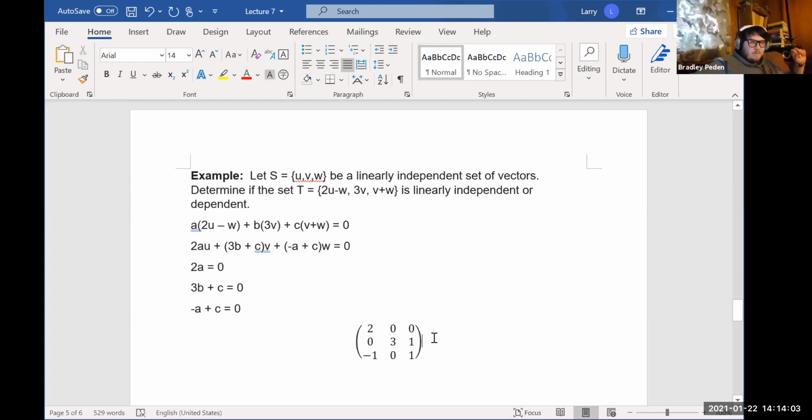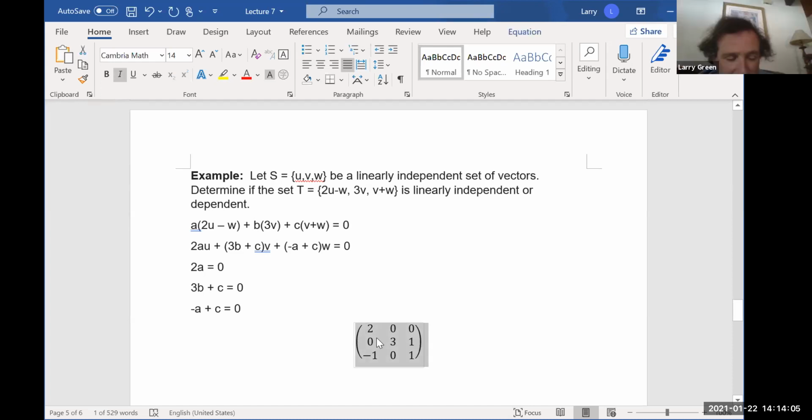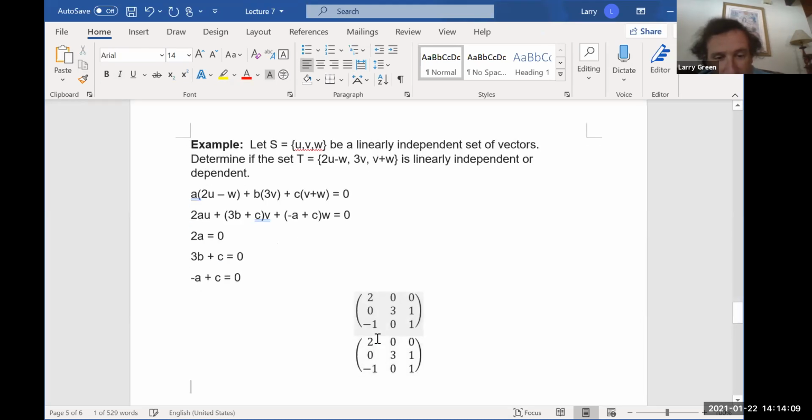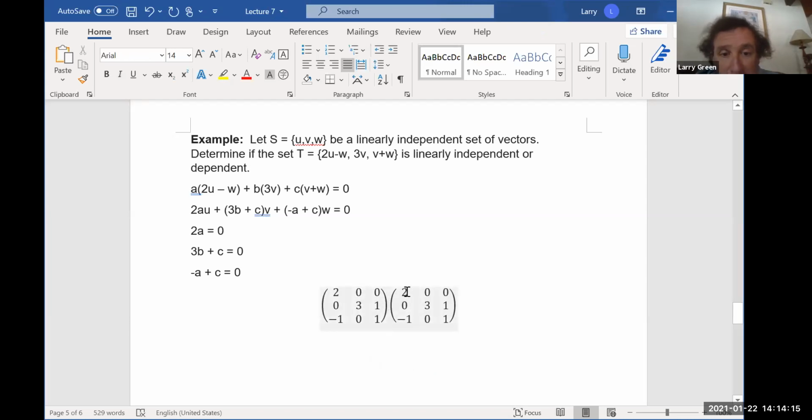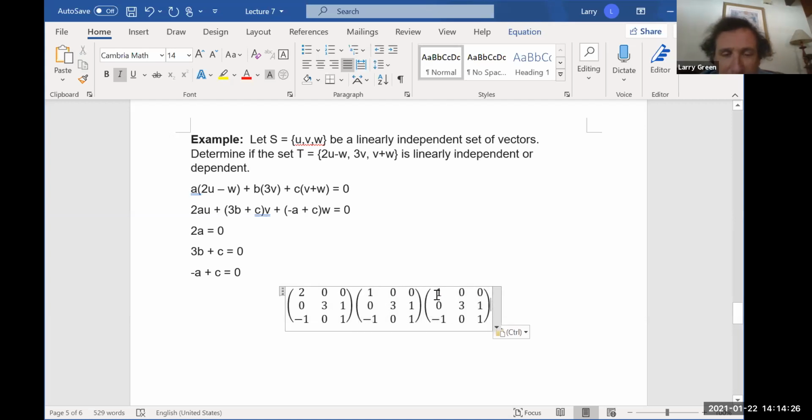Now, this one's not as obvious. But what should be obvious is how to RREF. So I can divide the first row by 2. Then I can add the first row to the third row.